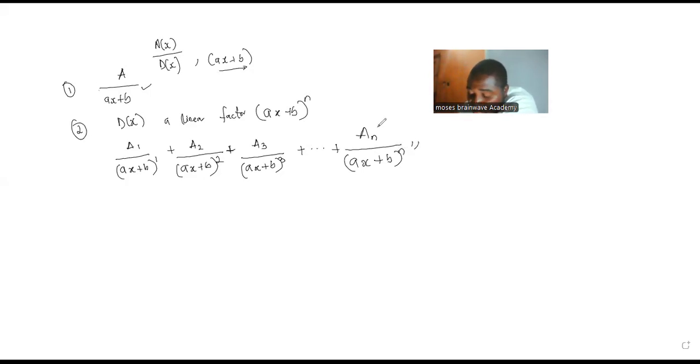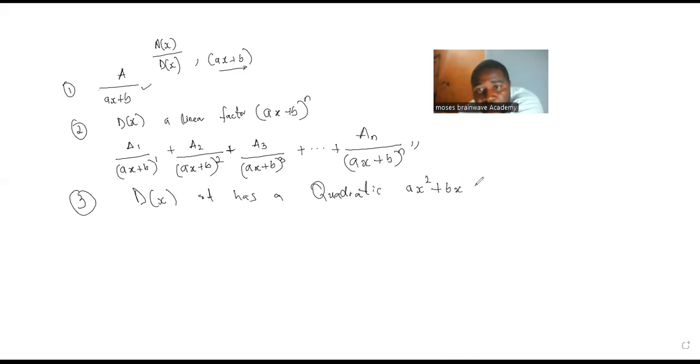Now, thirdly, if there is a quadratic factor in the term in the denominator. The general form of a quadratic term is ax squared plus bx plus c.